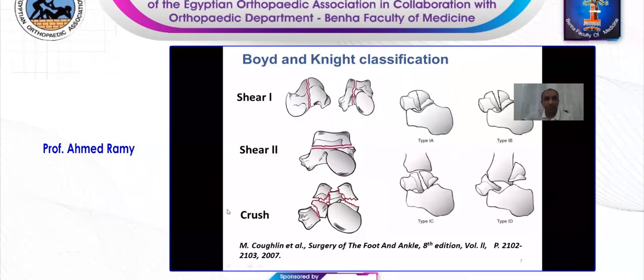The type 1 fractures are subdivided into four types. Type 1A is non-displaced, type 1B is minimally displaced, type 1C has more displacement with extension into the tibiotalar and the talocalcaneal joints. Type 1D has dislocation of the fracture part from the tibiotalar and the talocalcaneal joints.